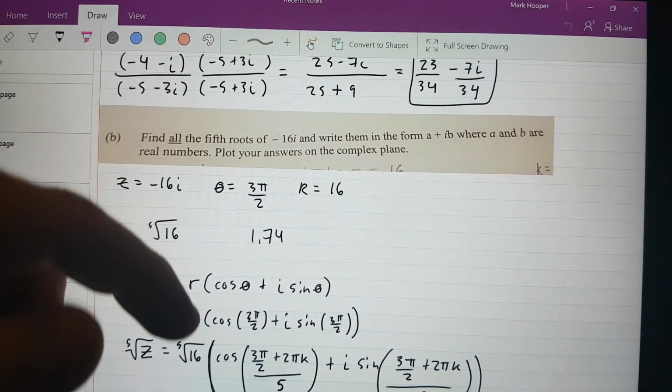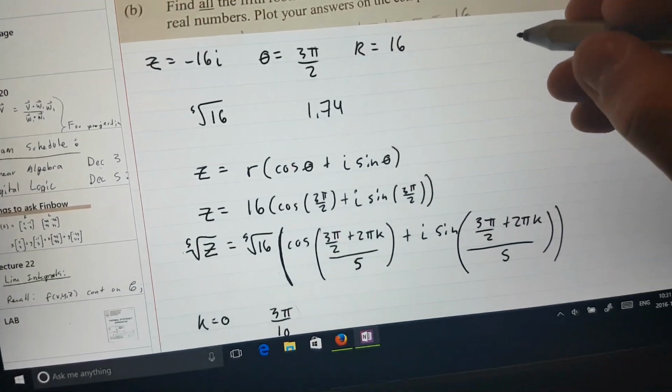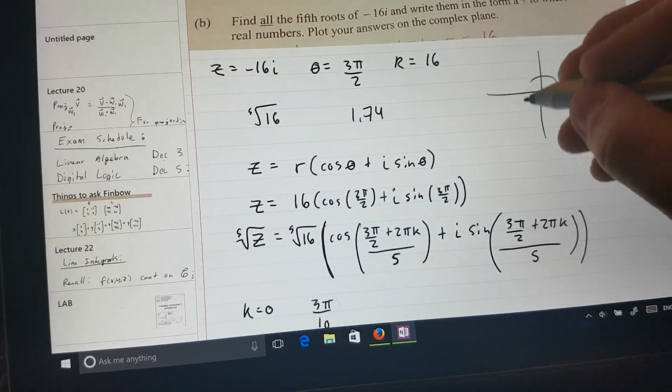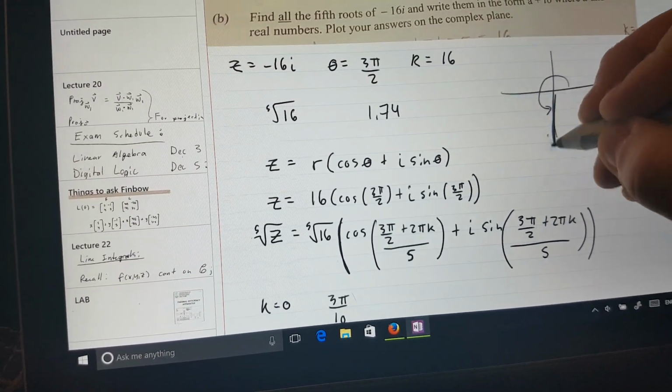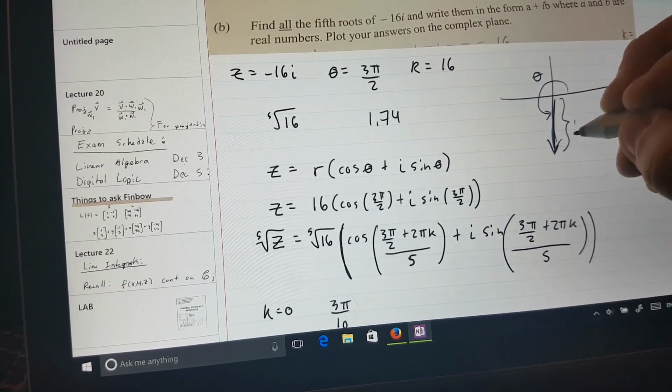So negative 16i. I've got to draw this right quick. If I'm going on the complex plane, negative 16i sits down here. So that'd be theta, and the length of this is r.